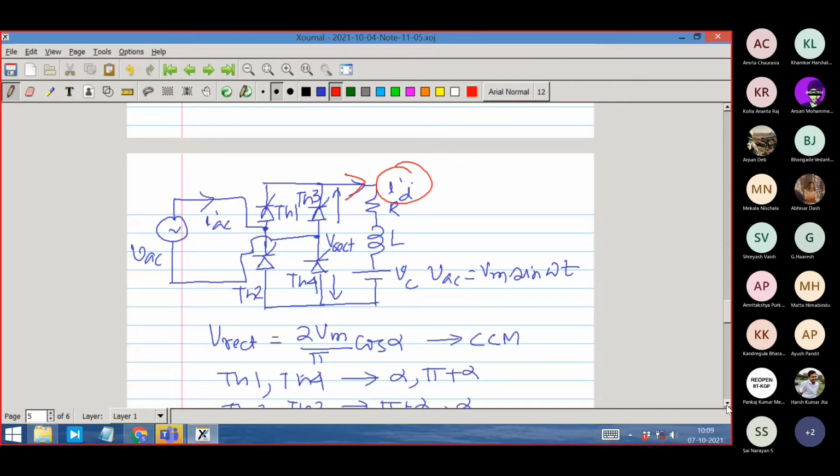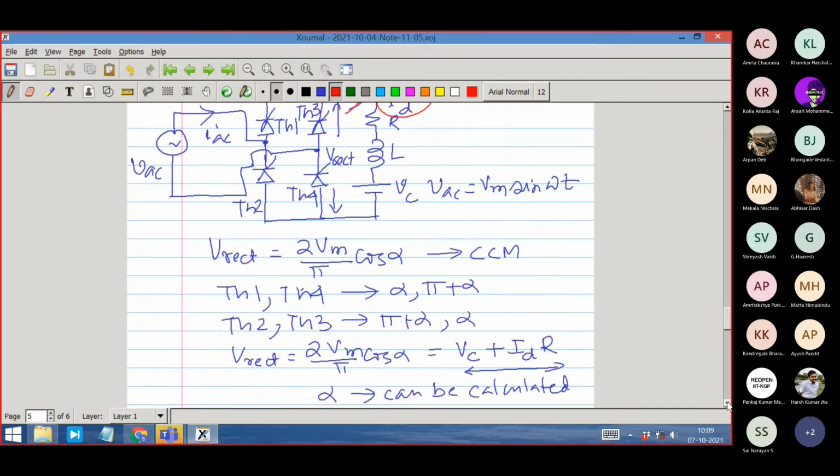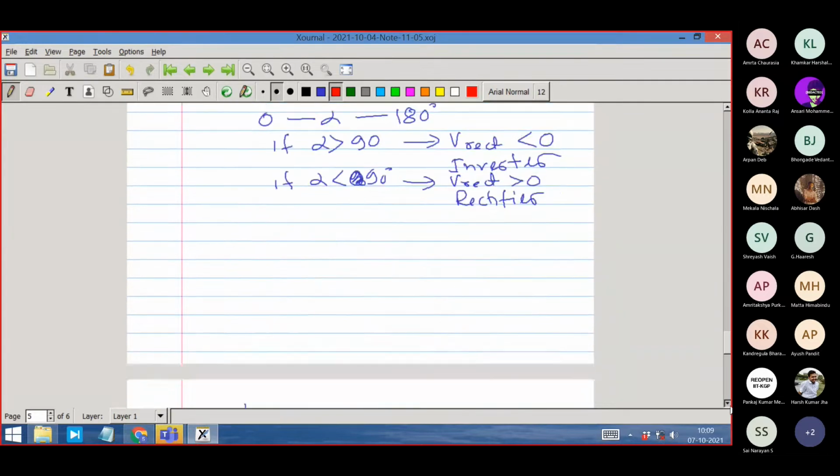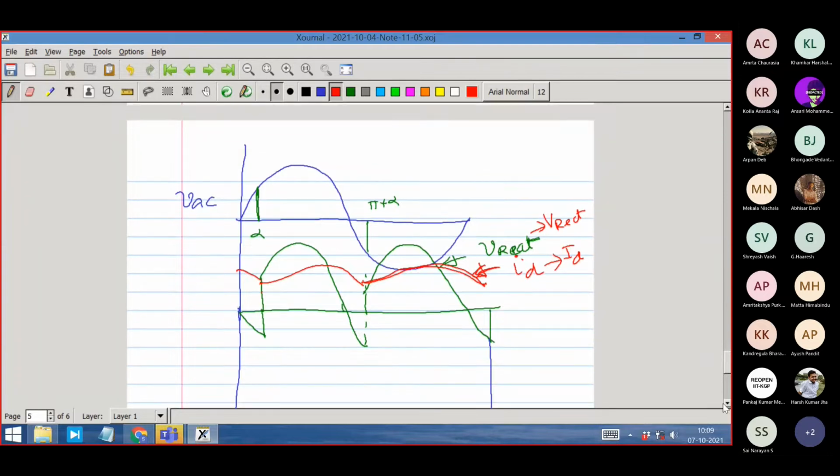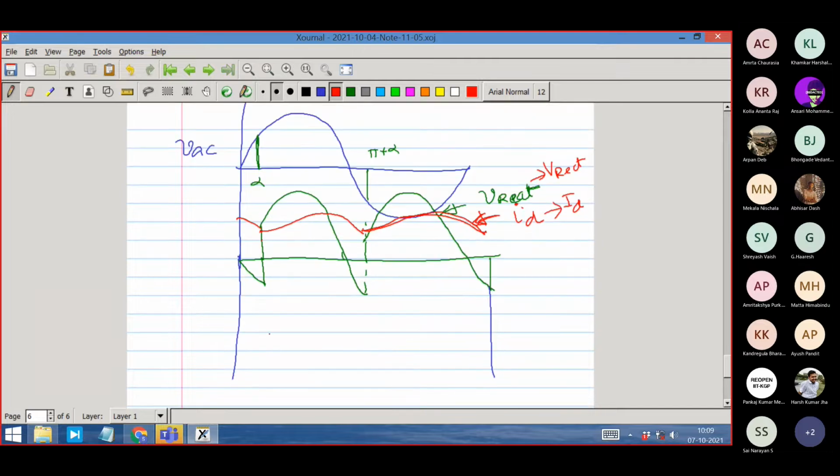Got it? Understood? Yes, sir. Okay, so that is the DC current, ID.